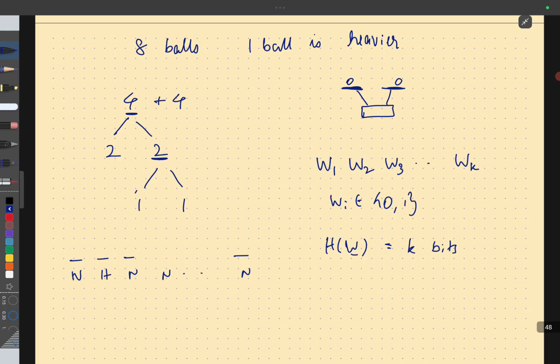So how much uncertainty is present in the input configuration? There are 8 equally likely outcomes. So log of 8, so 3 bits, right? So H of X is basically 3 bits, right?